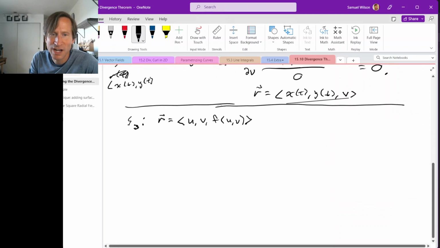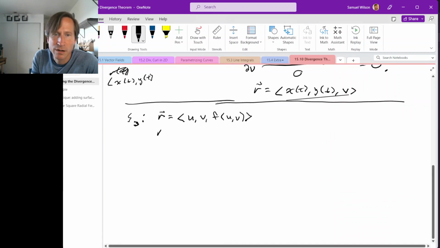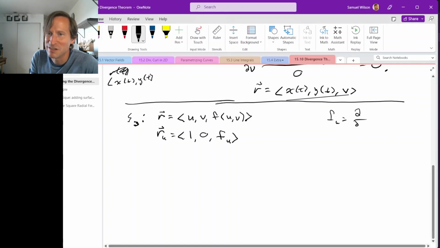Okay, now we need to work out our partial derivatives so that we can take the cross product. So we get (1, 0, f_u), and to save myself some space writing partial derivatives, I'm going to use this subscript notation again, instead of writing out a million different partial symbols. So f sub u is partial f partial u, so the subscript tells you which variable we're taking the derivative with respect to.